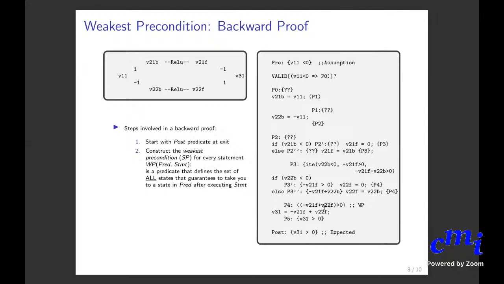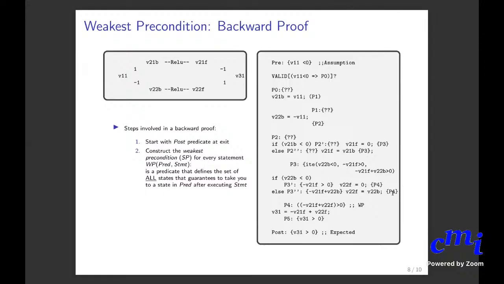So you could do that, and then you can use this concept repeatedly by computing the weakest precondition for every statement. Okay, so now you take P4 here and you propagate it across each of the arms of your if then else statement.